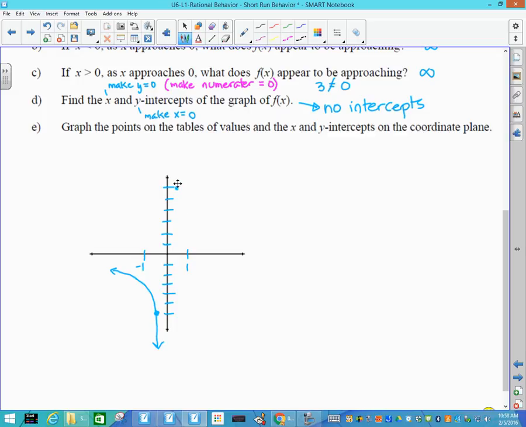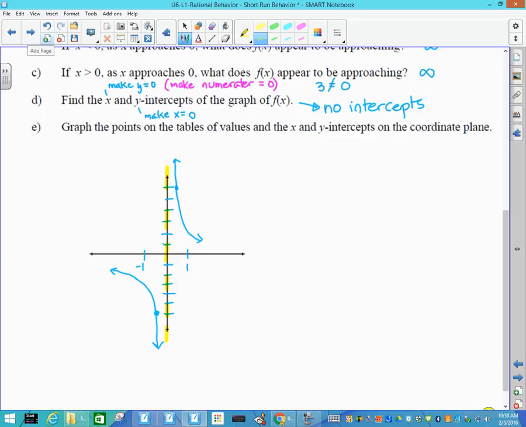And over here, it was getting closer and closer to positive infinity, so it was doing this. Again, this part I'm not as worried about at this point. I hope that you can see this. We've talked about this before. This is the line that it won't ever cross because 0 is not in my domain. And look what's happening to it.